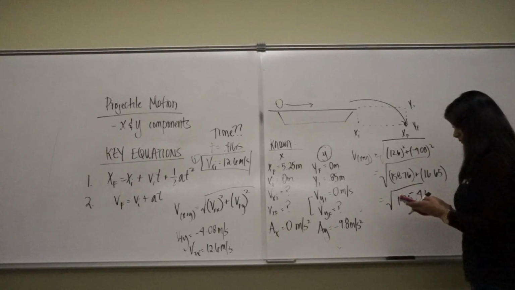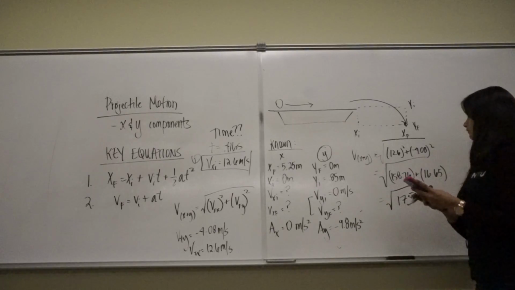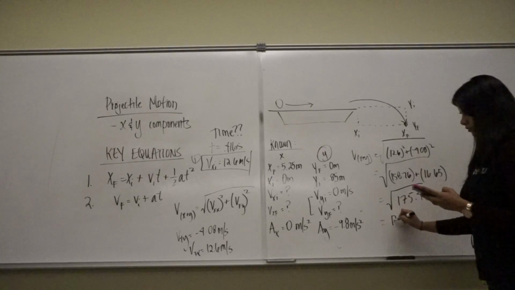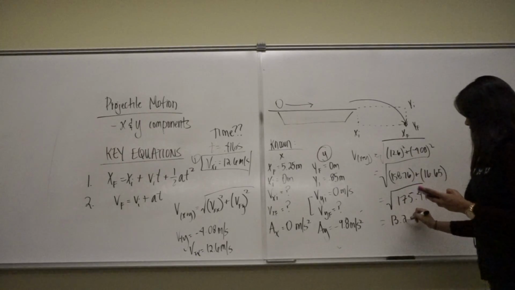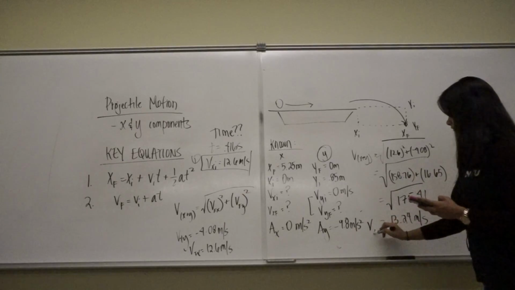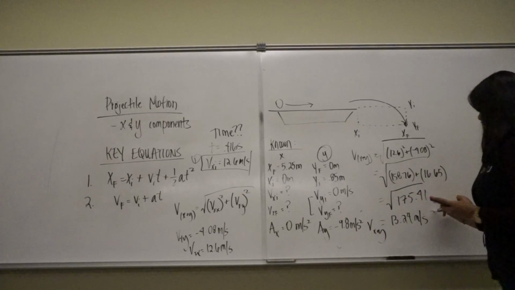Now we take the square root of that, which equals 13.24 meters per second. This is your Vx plus y, so this is your answer for number 2.